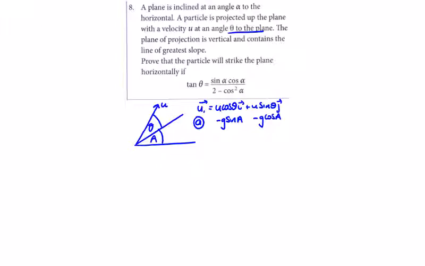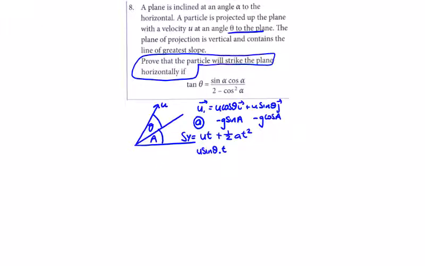My initial vectors here, we need to prove the particle strikes the plane horizontally, so we need the time of flight and we need the velocities. So we need s of y first. Let's get s of y to find the time of flight. So u sine theta times t and minus g cos alpha over 2 times t squared will be equal to 0 at the time of impact.